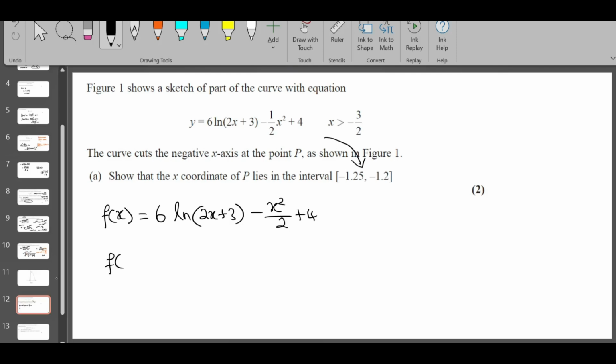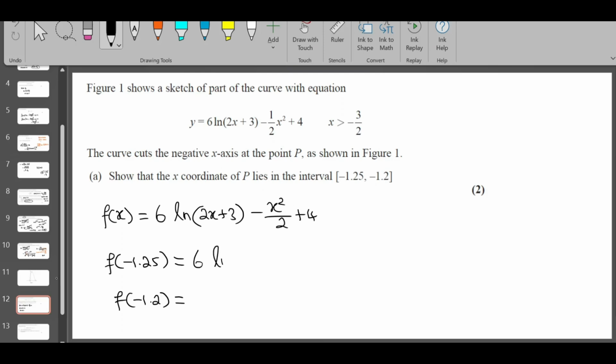Find the value of f of minus 1.25 and f of minus 1.2 and check whether the sign changes from negative to positive or positive to negative, so that we can say there is an intersection with the x-axis in between these 2 points.